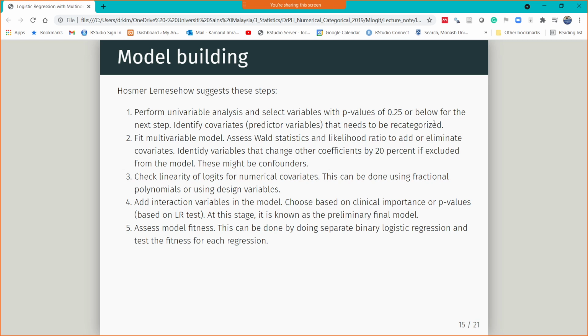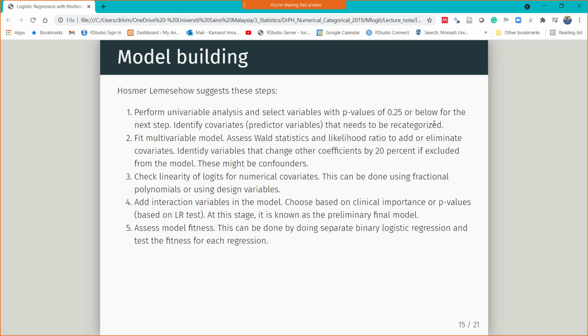So should you combine that group with a larger group to increase the sample size for that group? You have to think about that. Okay, so after you have performed the univariable analysis and identify those with p-value of less than 0.25, then you include them in a model.